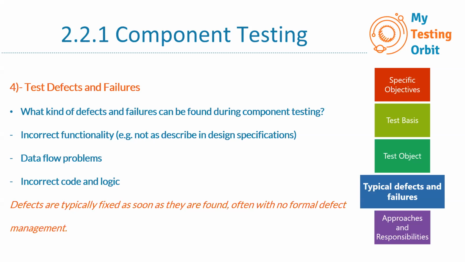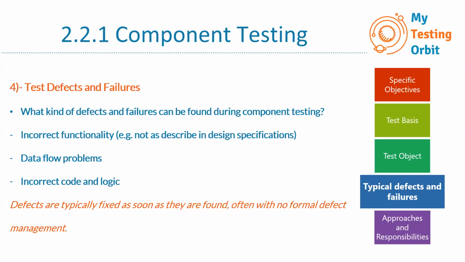The third one is incorrect code and logic. Let's say I'm using if statements or any kind of other conditional statements, and the logic I'm using there is not correct, then that will be a defect as well.